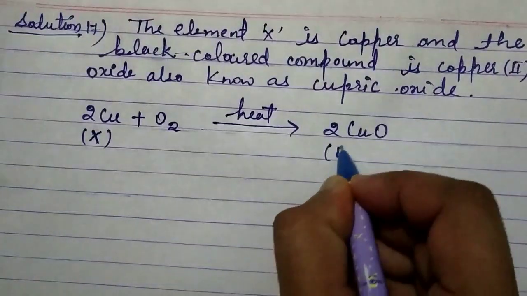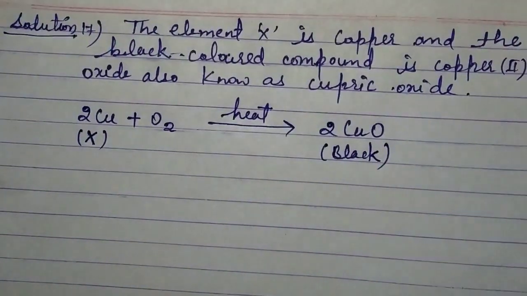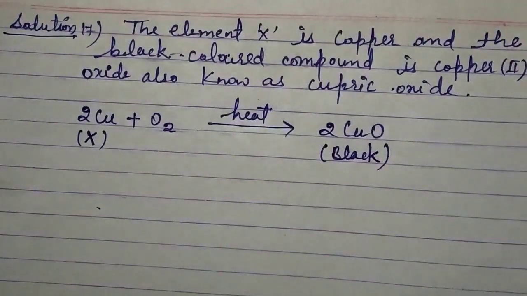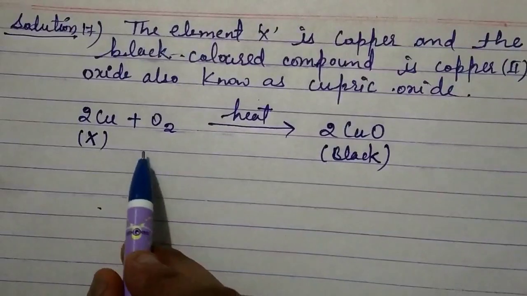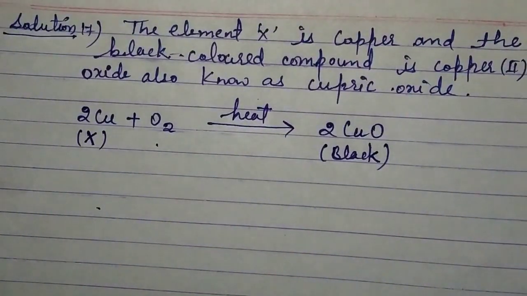It is black in color. So here element X is copper. When it reacts with oxygen, that is air, in presence of heat, finally it will form copper oxide, which is black in color. Now next question, question number 18.